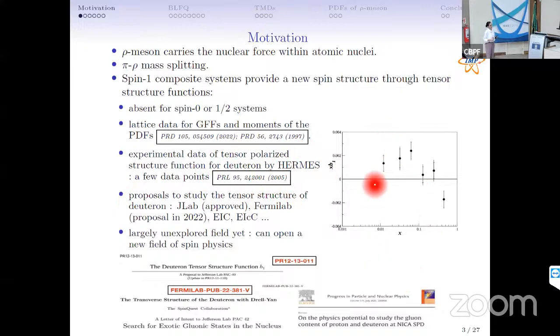But only a few data points are there, so many experiments have been approved to study this special structure function, like the JLab proposal, Fermilab, and many more. This is still a largely unexplored field, but it can open a new field in spin physics.